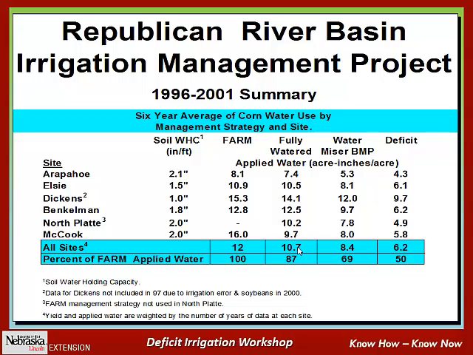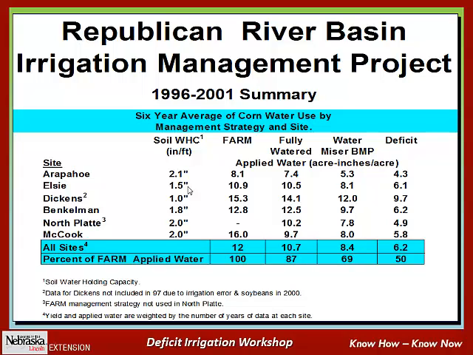They got down to about 10.7 as the average application over that time period. When we went to the Water Miser, where they just shortened the irrigation season from both ends in, they ended up with a total application of 8.4 inches on average for those locations. And then lastly, when they went to the deficit irrigation mode, they put on 6 inches of water on average.